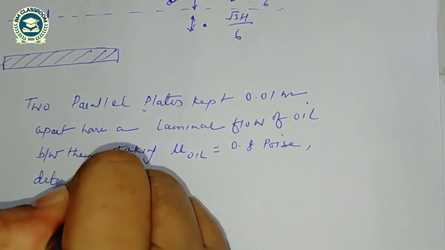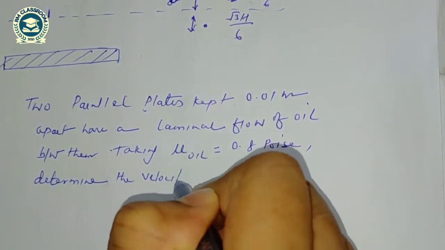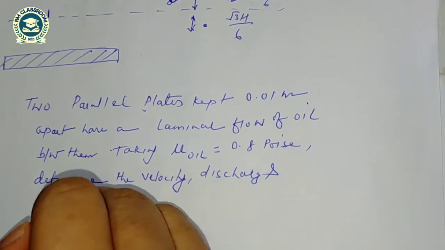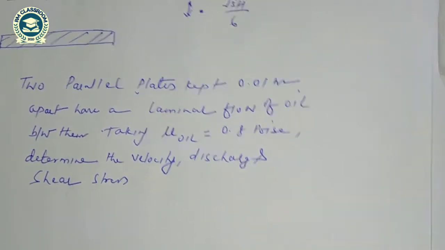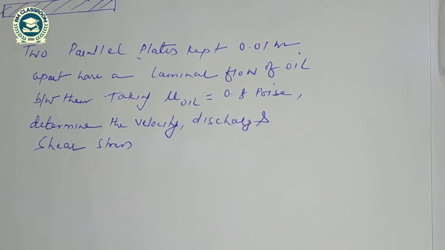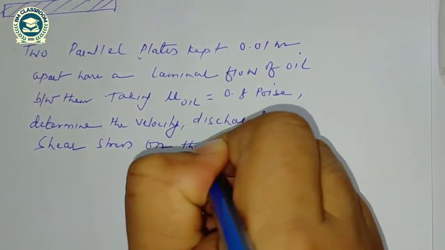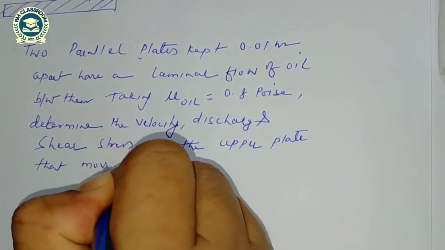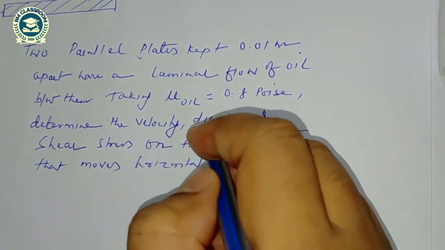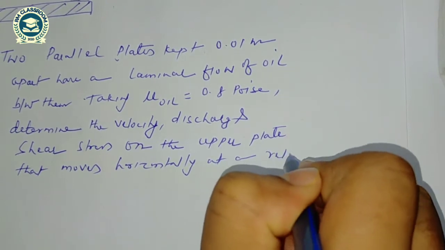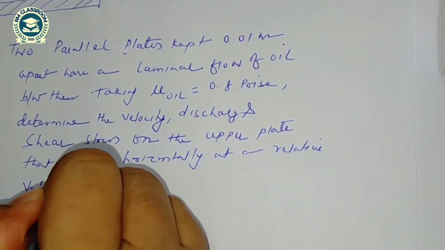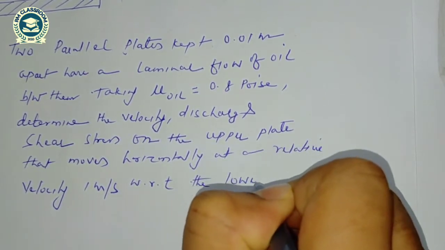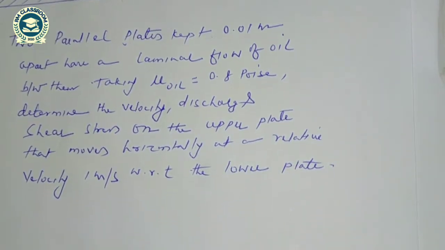Determine the velocity, discharge and shear stress on the upper plate that moves horizontally at a relative velocity 1 meter per second with respect to the lower plate, which is stationary.